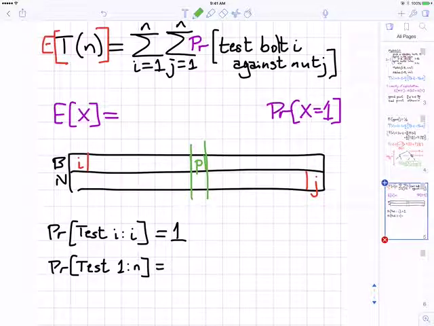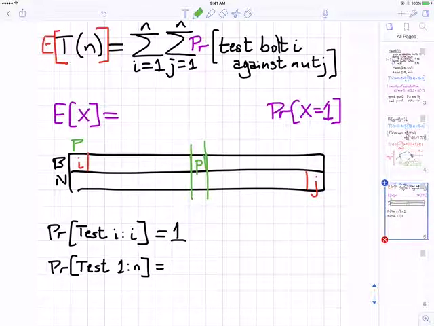And I and J are in independent subproblems. They will never see each other. They will never talk to each other. They will never be compared. But if the pivot is 1, then this bolt is the pivot bolt, which means it's compared to every nut.